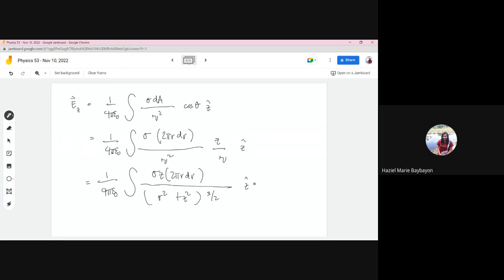Now take note that we will be integrating with respect to r. Sigma is constant and z is also constant, so we can take them out of the integral sign. You have 2 pi sigma z over 4 pi epsilon naught. What's inside the integral sign is just r dr over r squared plus z squared, all raised to 3 halves.